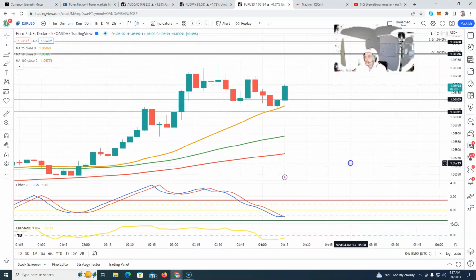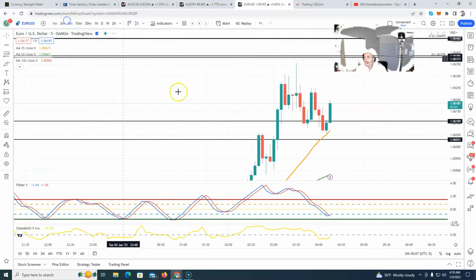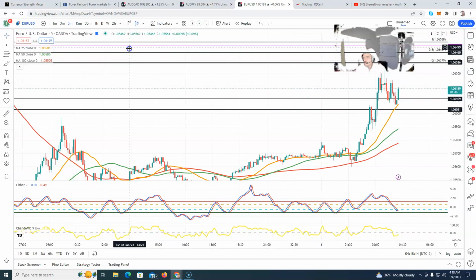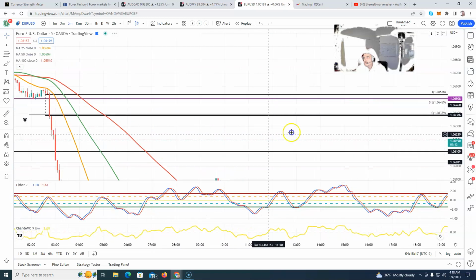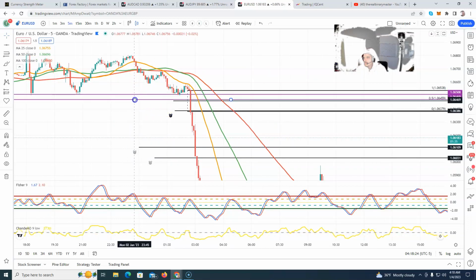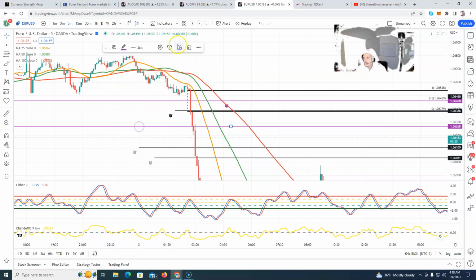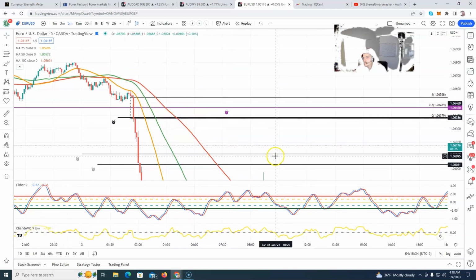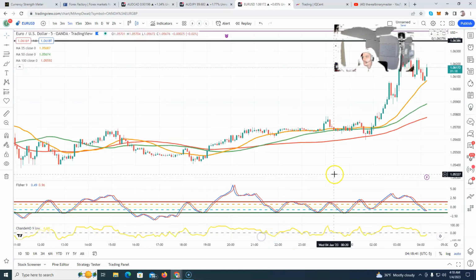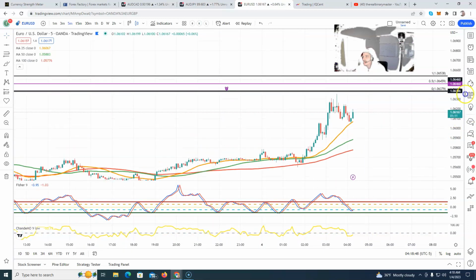Based off currency strength, the Euro strong, dollar's weak. So if Euro USD price comes up to 460, we're going to have a 3-minute sell.